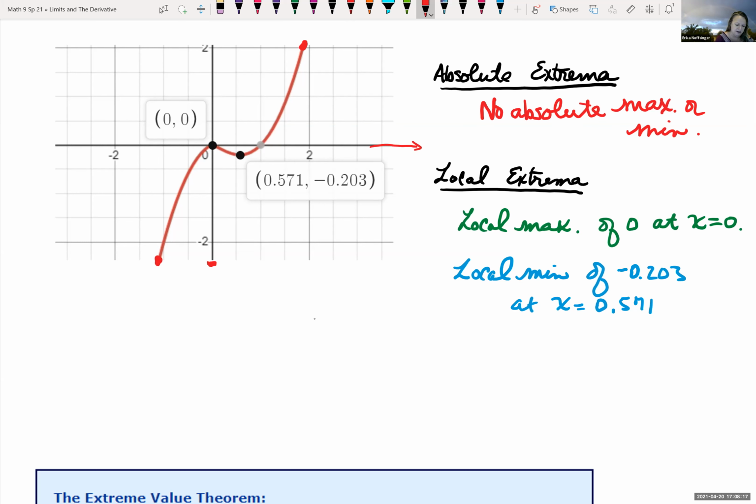Let's just estimate this as negative 1.25. So we would have an absolute min. Let me just see. This is 1, this is 1.5. So this is going to be negative 2.5.